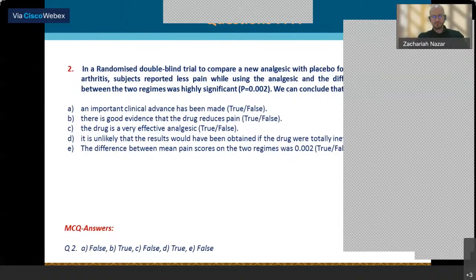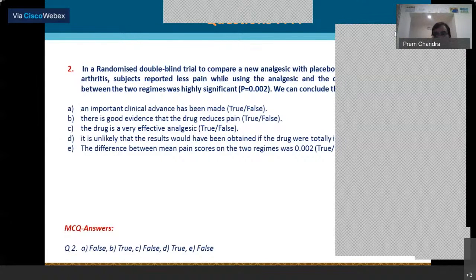Okay, so I could see here, I assume that the one who said here is in favor of true, right? I can see there is good evidence. Option B, 8 of them said true. I believe they are opting for true, right? Because the answer could be true or false, I'm going with once they say that it is true. B is that there is good evidence that the drug reduces the pain, which is true.